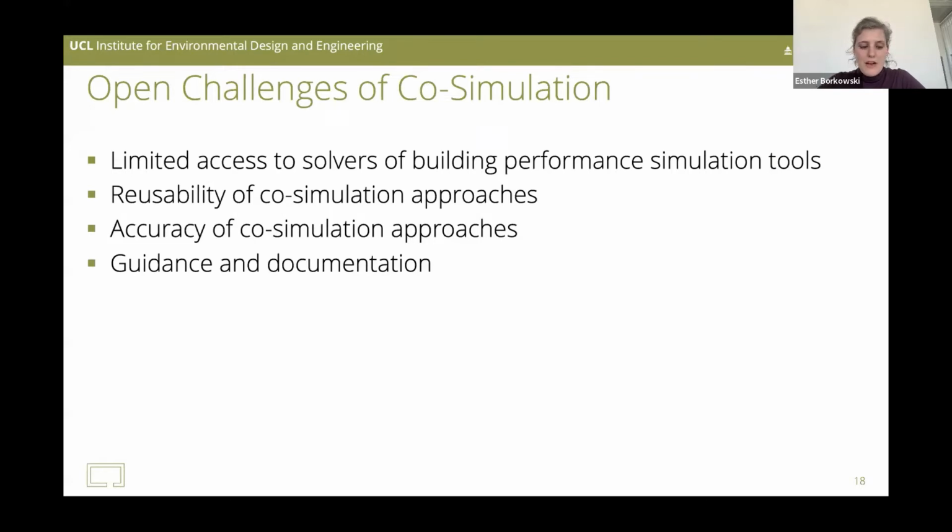Another challenge is the lack of widely available recommendations or guidelines on how to approach co-simulation tasks and how to overcome the technical challenges of implementing co-simulation. So there's still a lot of work to be done until co-simulation hopefully one day becomes standard practice. So this brings me to the end of my presentation, and I hand it over back to you, Rokia.